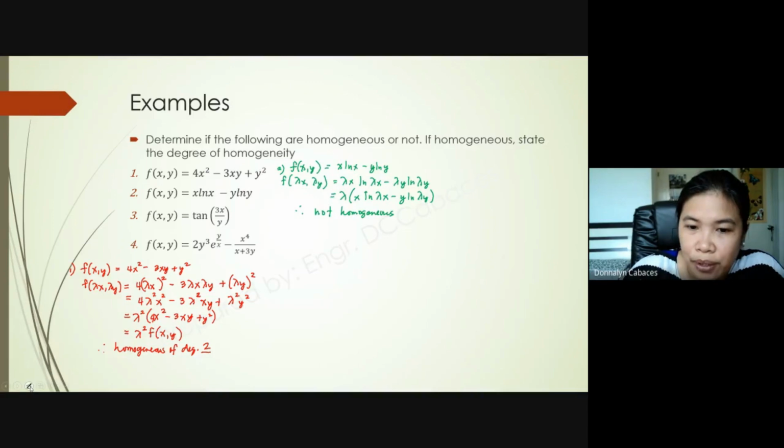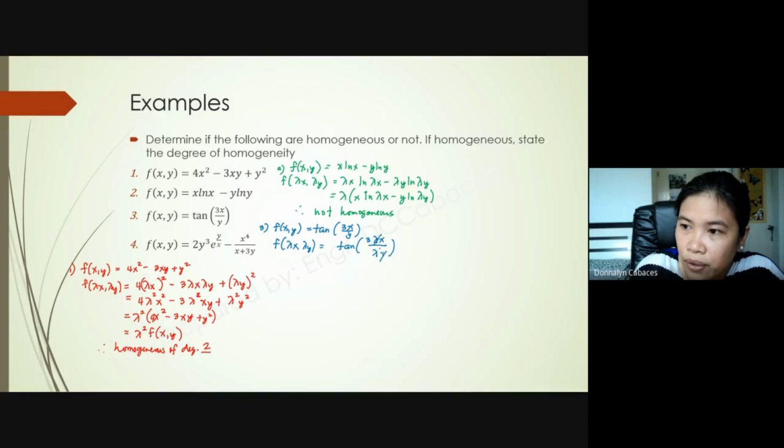Then we have problem or example number 3. Determine whether the function of x and y is equal to tangent of the quantity 3x over y. So function of lambda x and lambda y is equal to tangent of 3 lambda x over lambda y.